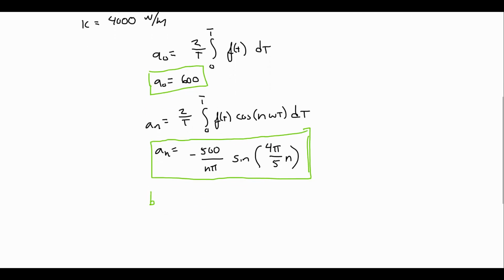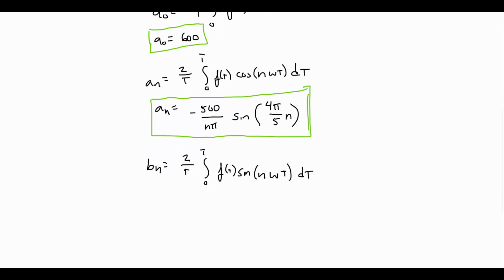Bn terms are going to be defined like the an, but it's going to use the sine instead of the cosine. So our bn is 2 over T, integral 0 to T, f of t, sine n omega t dt. And once again, I'm going to let Mathematica do the work for us.